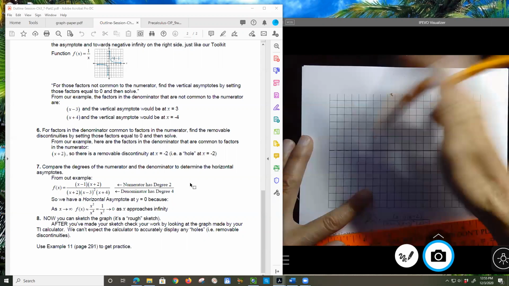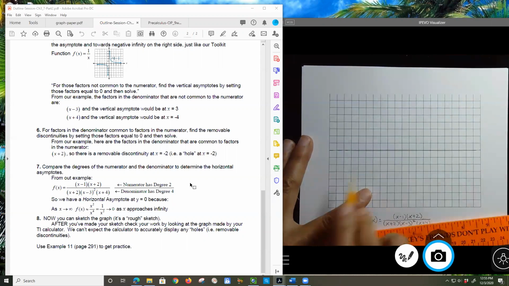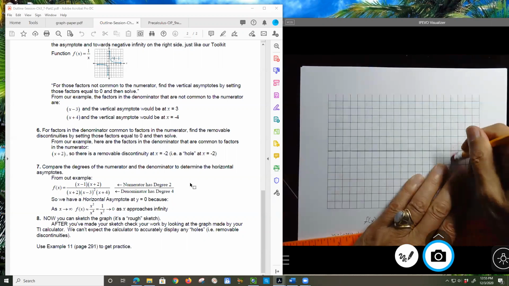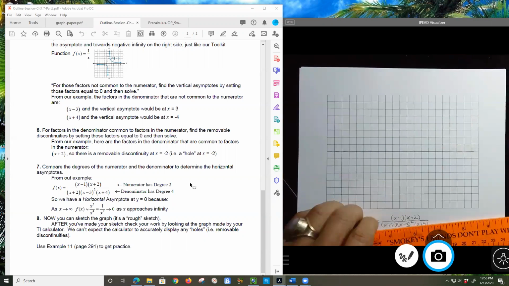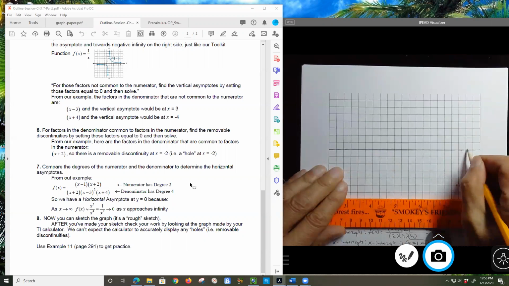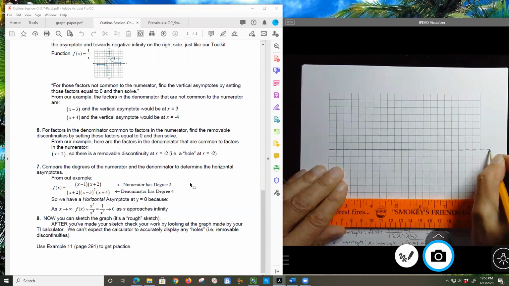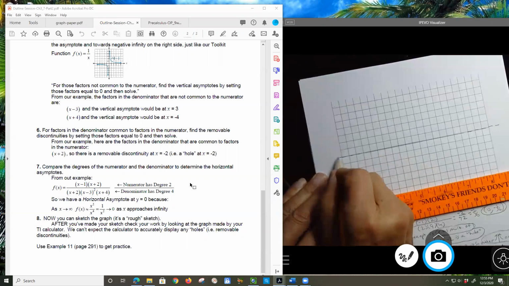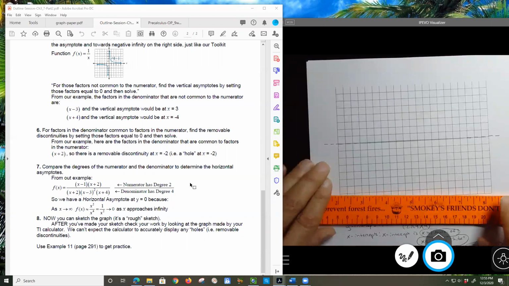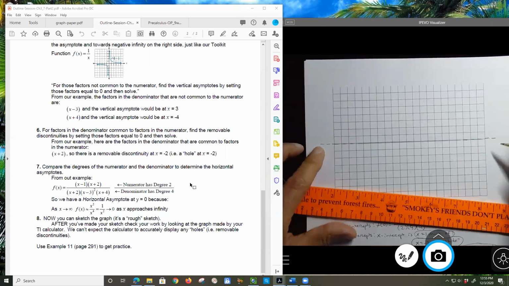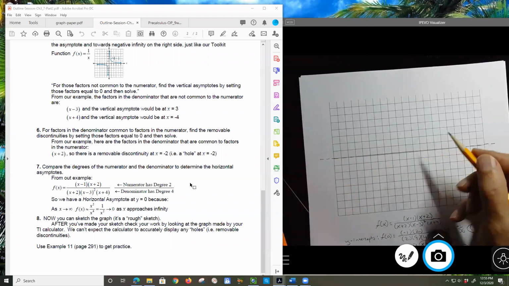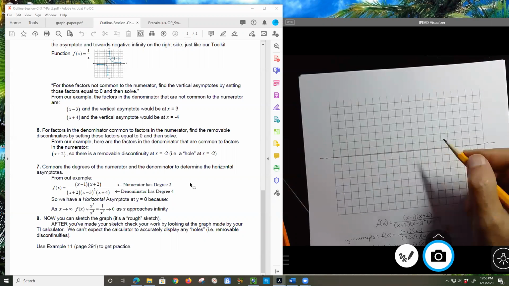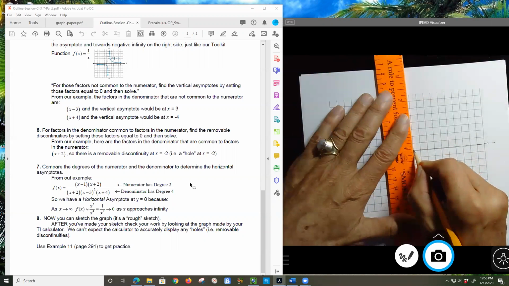Because I've got a horizontal asymptote here on the x-axis, so I like to remind myself of that. If I had thought ahead, I wouldn't have drawn it all the way, I would have done a little dashing just to remind myself, oh yeah, it's a horizontal. It's important to remember that you've got a horizontal asymptote.